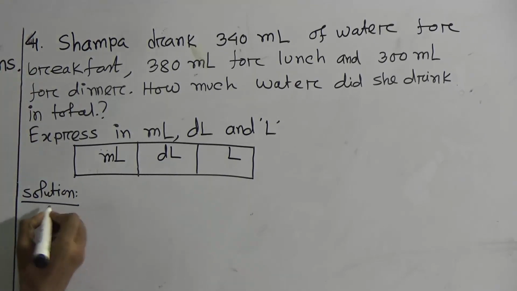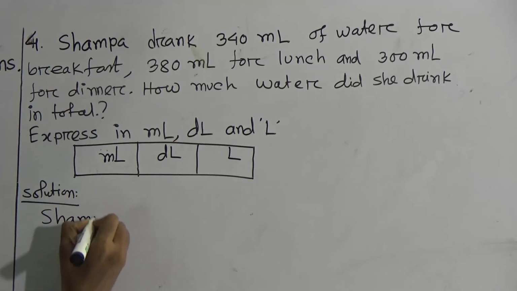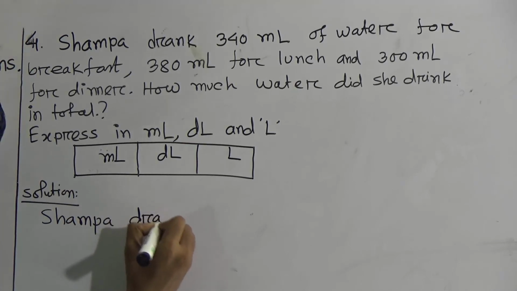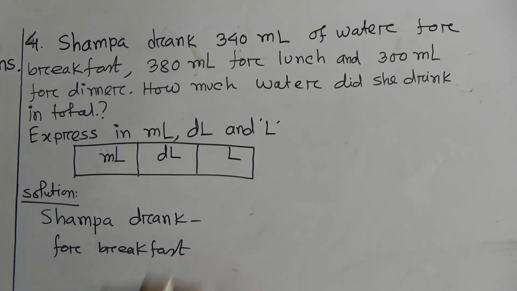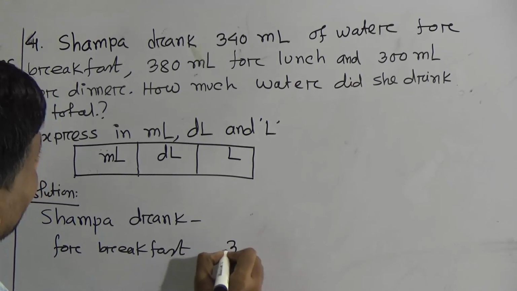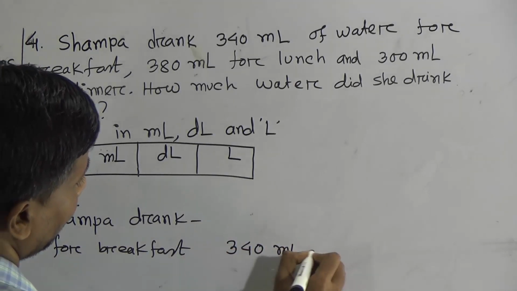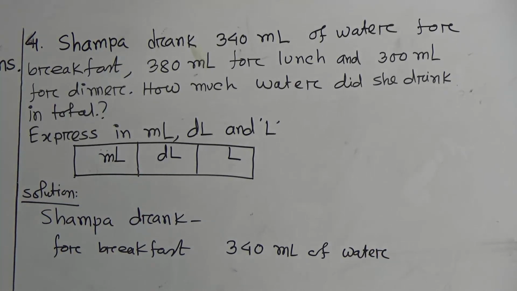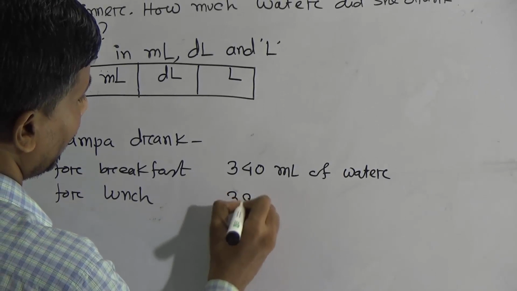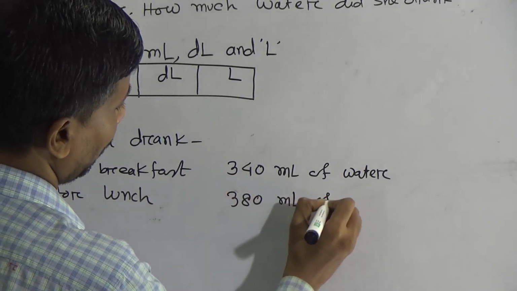Right. Shampa drank for breakfast 340 milliliter of water. For lunch, 380 milliliter of water.